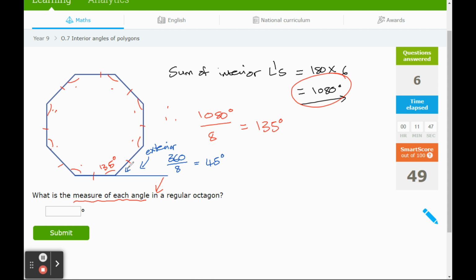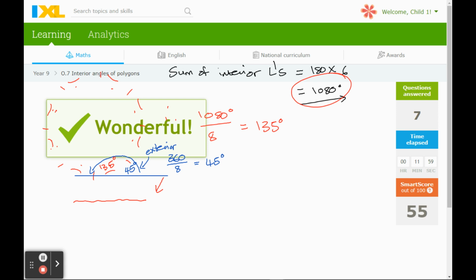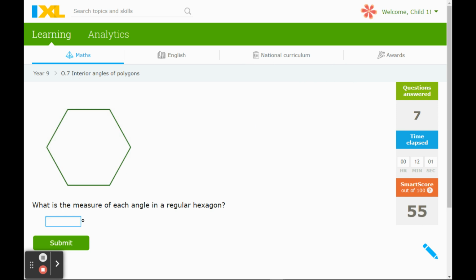And we can also see that angles on a straight line add up to 180 degrees as well. So we could think about that when we're calculating it. So 135 is the answer there. Try the next one. Press pause, give it a go.